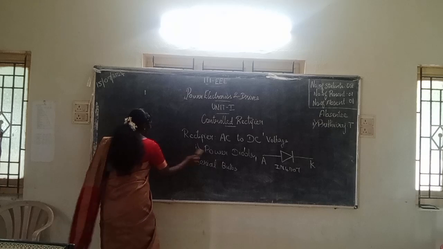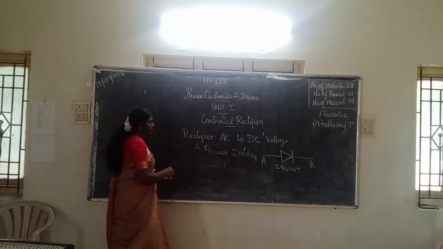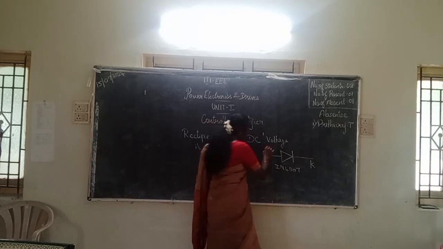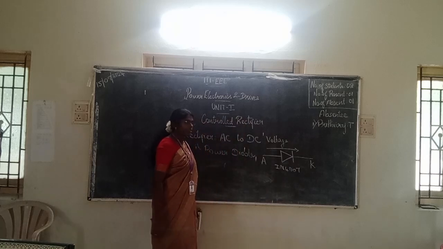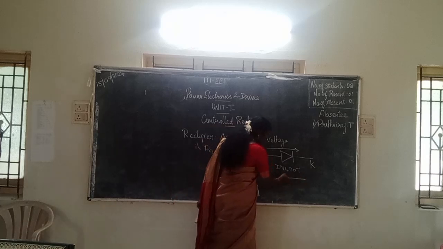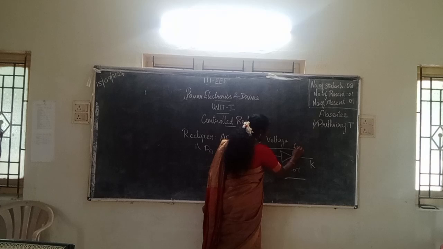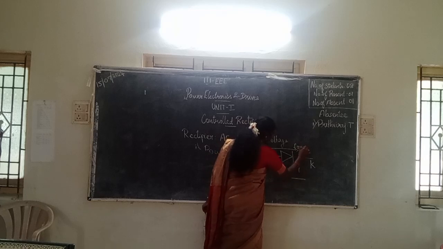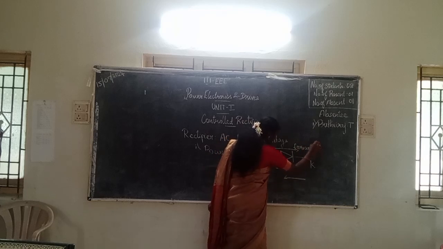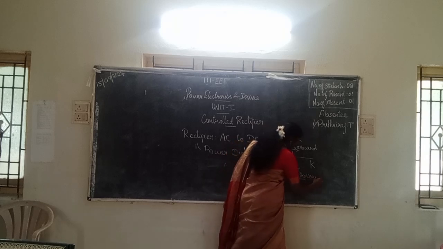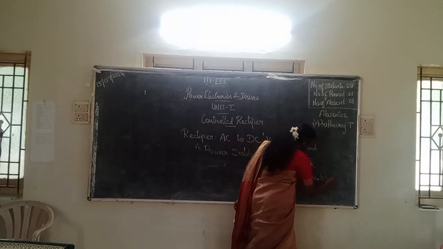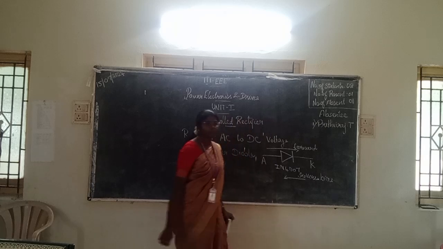Now listen. For a diode, there are two conditions. One is forward bias, from anode to cathode. The other is from cathode to anode, which is the reverse bias condition.